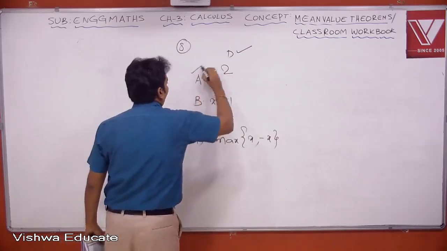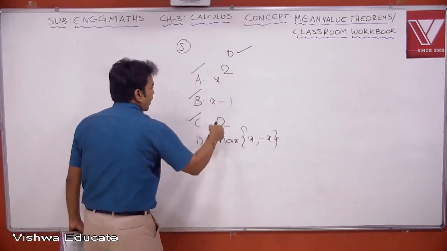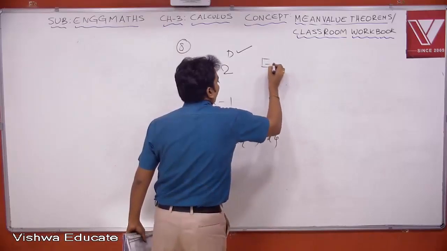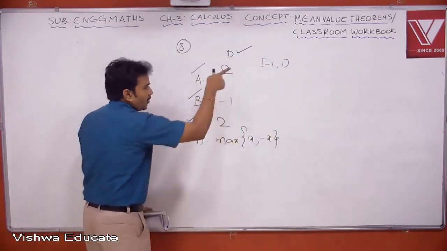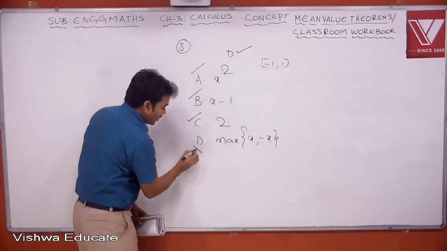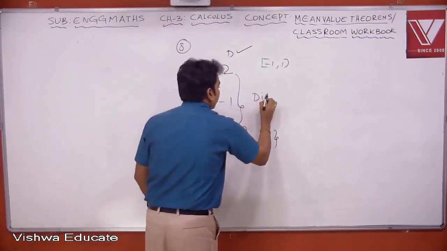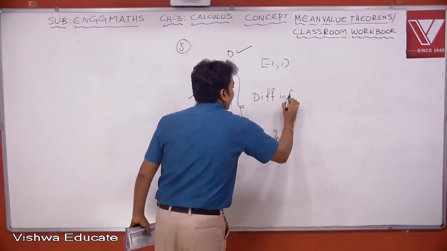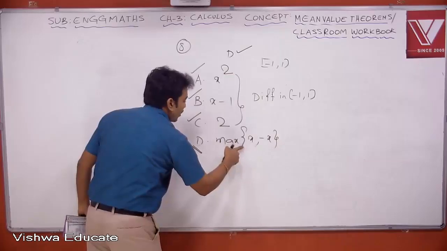We know that these are polynomial expressions and a constant function. All these are differentiable in the domain closed interval -1 comma 1. Therefore, this is the only function which is not differentiable in this. Therefore, this is the required answer. So ultimately, this is a function which is not differentiable.